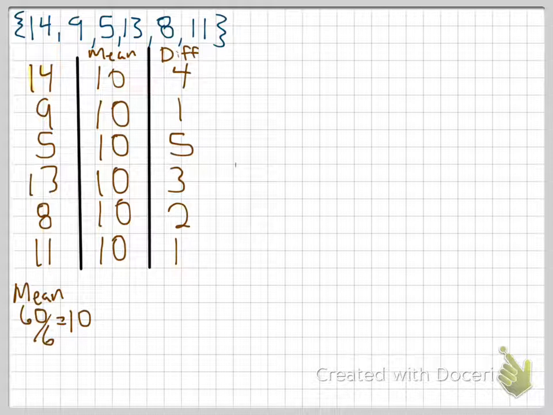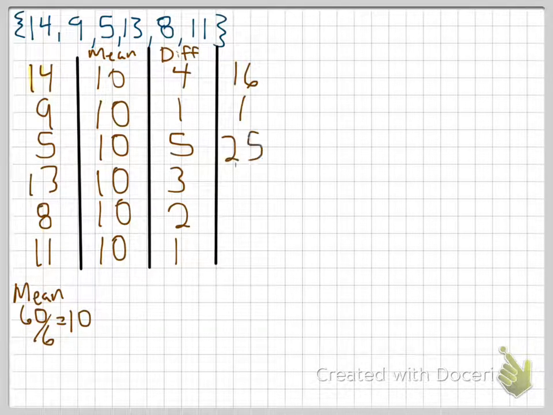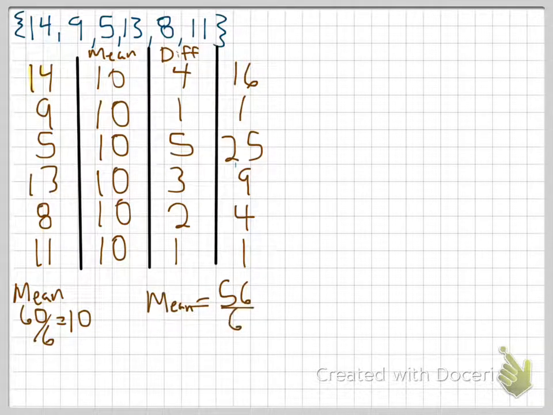Our next step is to square it. So now we're going to take the difference and square it. We get 16, 1, 25, 9, 4, and 1. We can add those all up, and that comes out to be 56. We want that mean, so 56 over 6 comes out to be about 9.33.